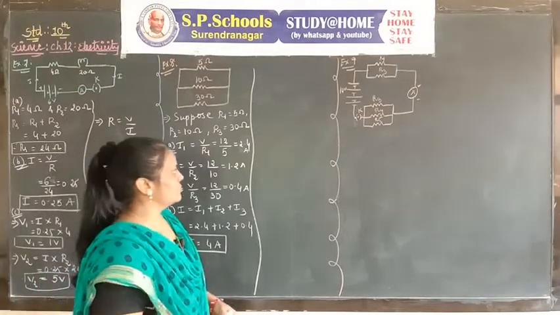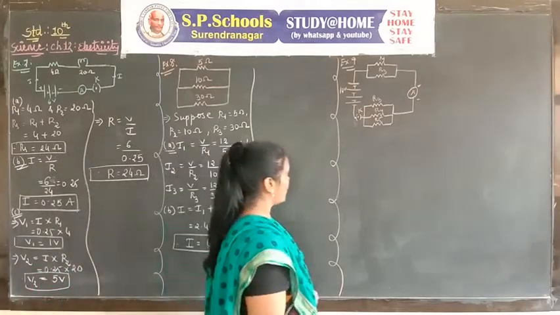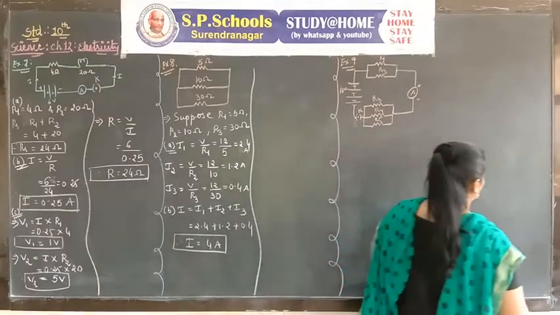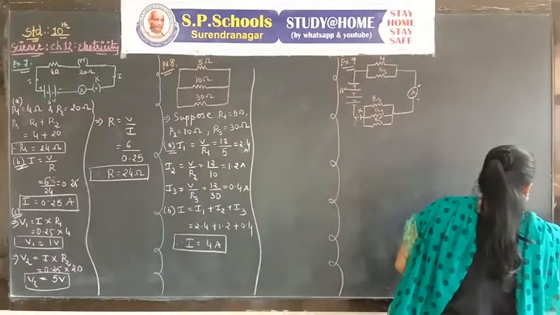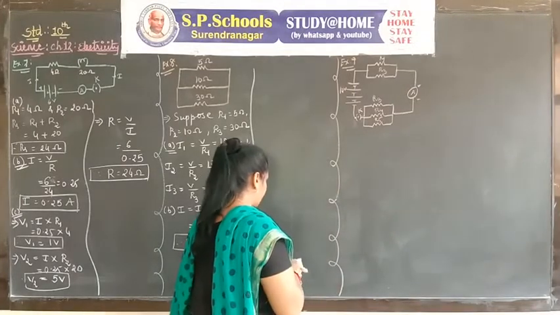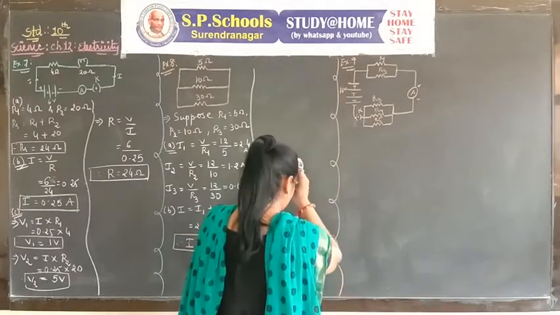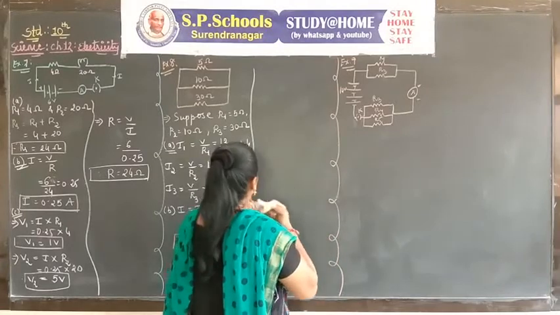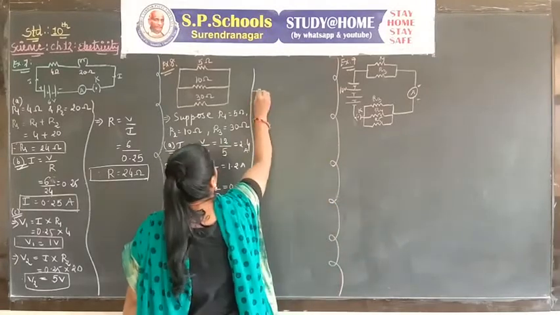Let's go through another part. Third, we find the equivalent resistance of all the resistances. To find equivalent resistance, they are all connected in parallel combination.